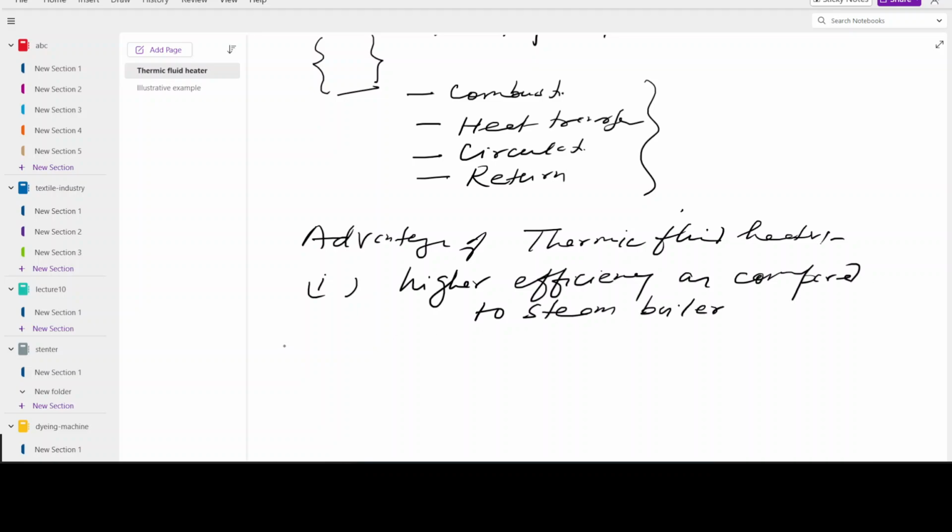Reason is obvious, because it is a closed loop operation. Second important thing is non pressurized system operation.